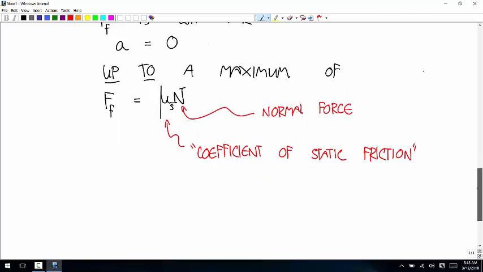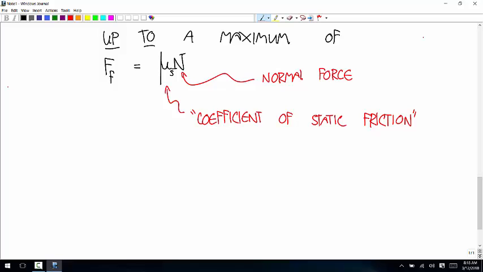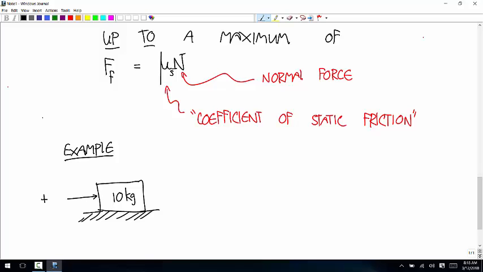Okay, so let me do an example for static friction. So let's say that this box is 10 kilograms. There's a 40 Newton force that way, a 20 Newton force that way.